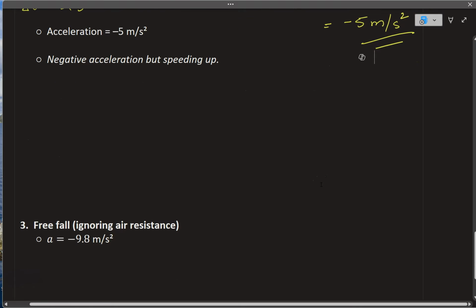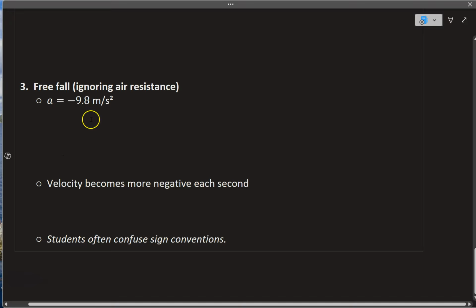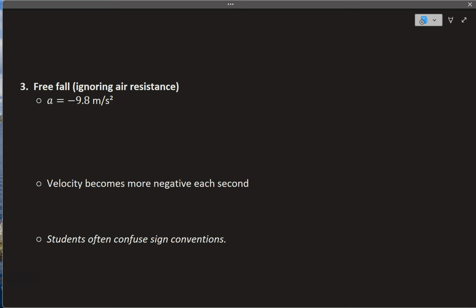So another question, number 3, the free fall. This is acceleration due to gravity, and that's just the general thing, and it's measured at negative 9.8 meters per second squared, ignoring the air resistance. Okay, and what that means is this: let's suppose you have this rock that you are dropping down from a height h.